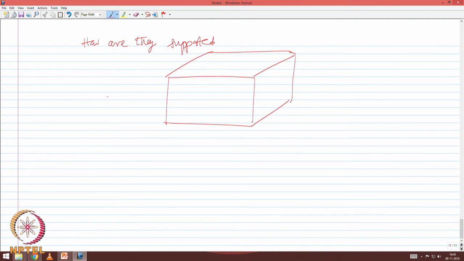When the body is partially immersed, we know the body is subjected to buoyancy force which is proportional to the displaced volume of the body. The body of course has the mass which is acting downward as weight.